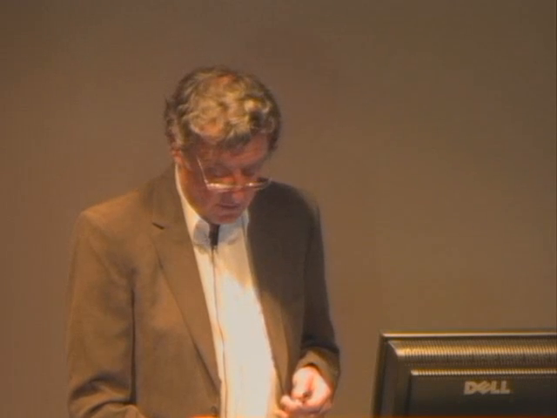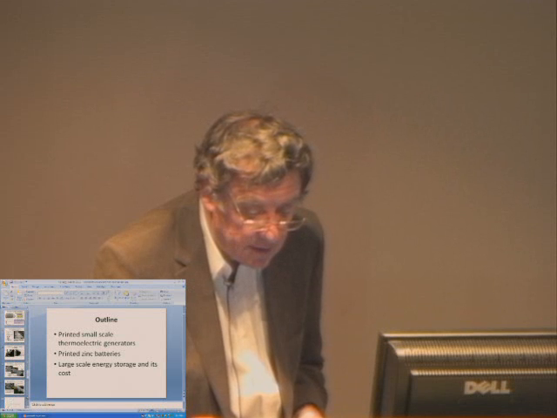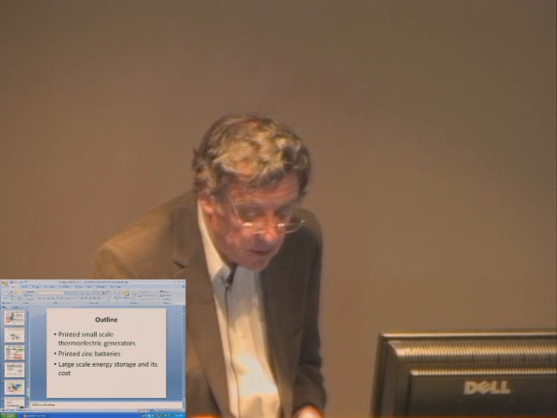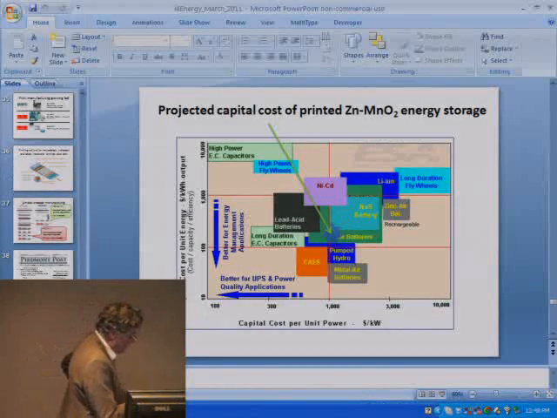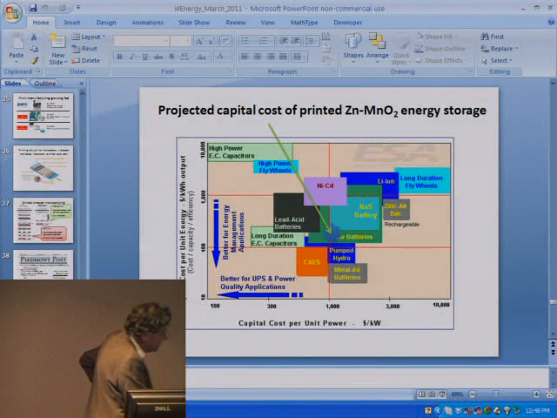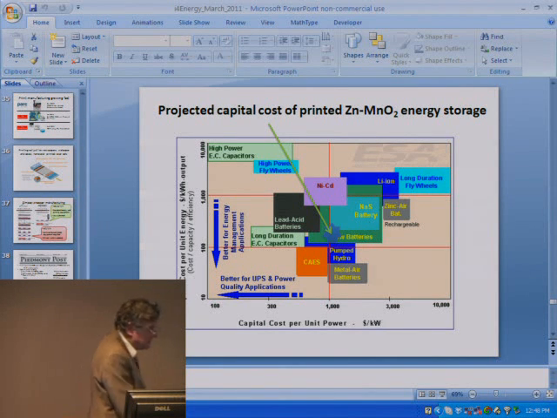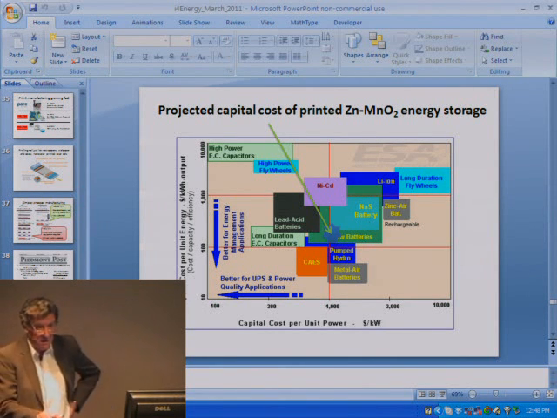The other question I had for you was, how do you compare with flow batteries like zinc bromide, for storage? Okay, let me see if I can find that slide. So those are flow batteries there. And I think most of that data is for vanadium flow batteries.